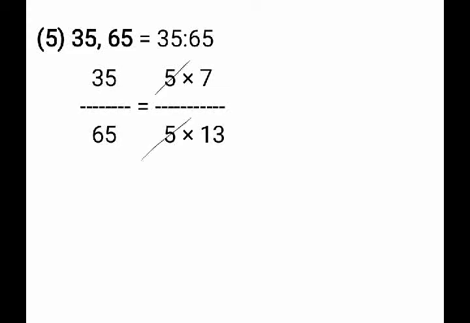Cancel 5 on numerator and denominator. So what will remain? 7 upon 13. Write the ratio form of 7 upon 13 is equal to 7:13.